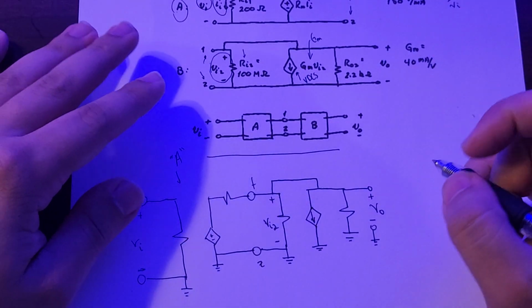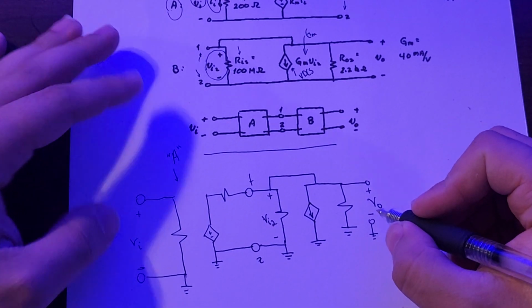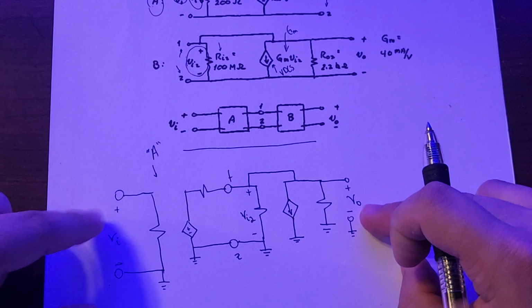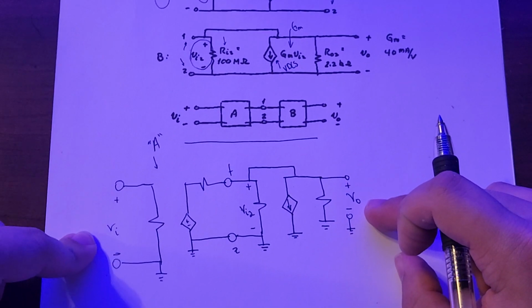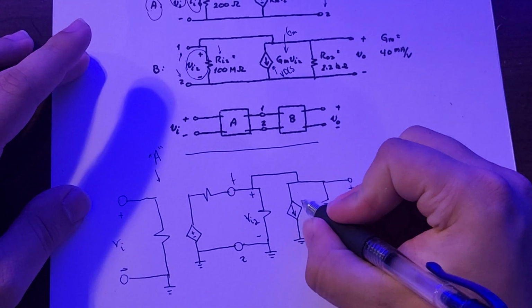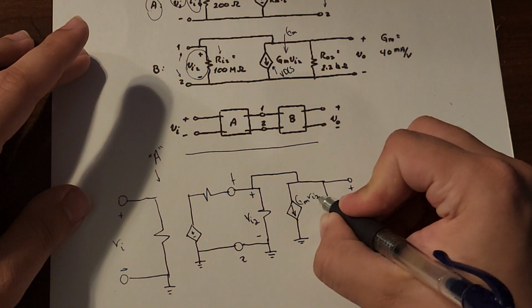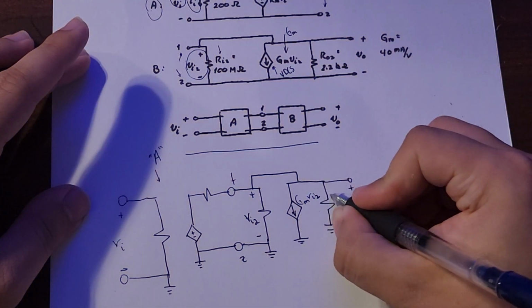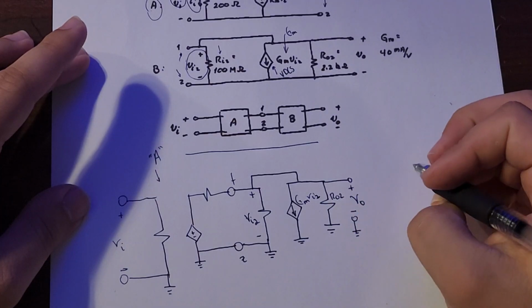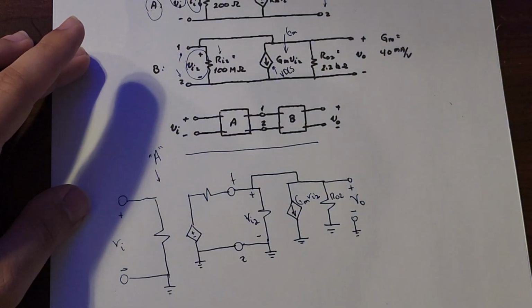Yes, my bad. So what we're trying to find is this compared to this, V out over V in. Now let's get everything drawn out here. RO2. I'm not going to put any numbers, I'm going to leave this as variables.